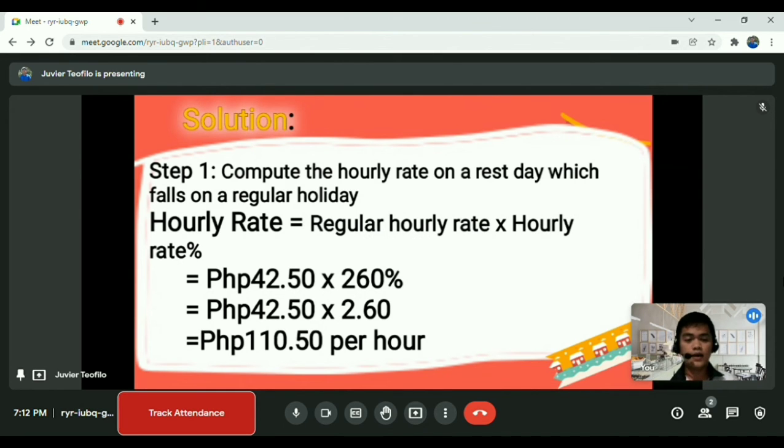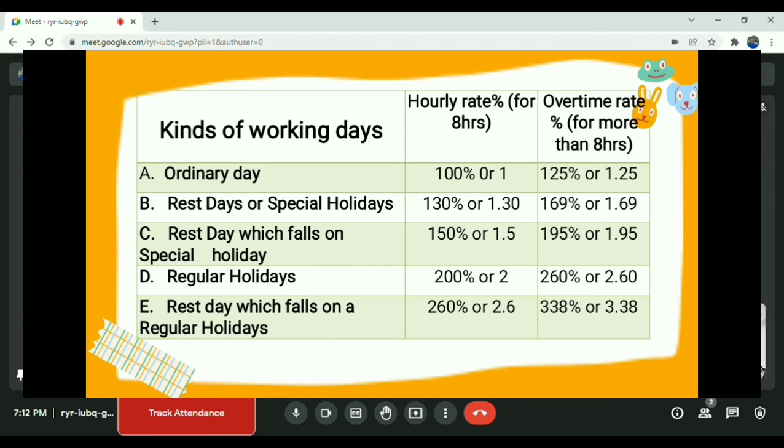Now, let's see the table according to the Labor Code of the Philippines. Okay, this is it. 260 percent. This is the numerical value that we are going to use because we are going to compute the overtime payment in terms of rest day which falls on a regular holiday.